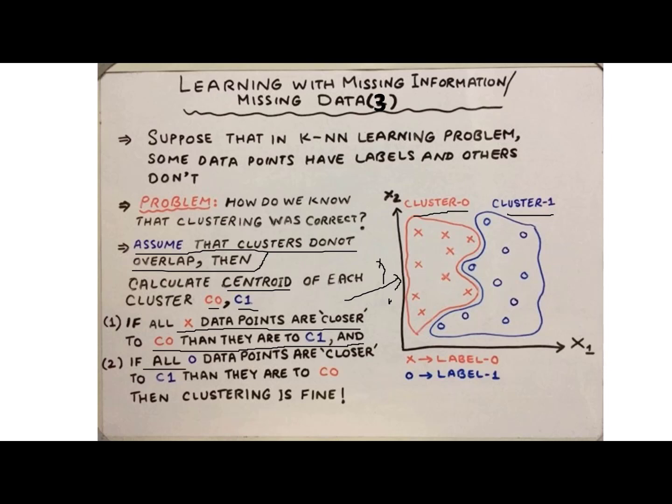So if all the circle data points are closer to the centroid C1 than they are to the centroid C0 of the other cluster, and if this condition is satisfied for both the clusters, then the clustering is fine.